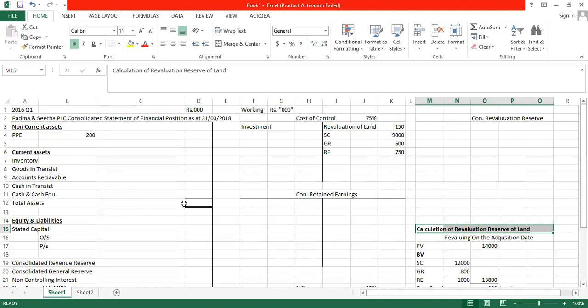But when you are preparing the total company column, you have to adjust for what? If they did an intercompany transaction, what do we adjust? Unrealized profit, because it's one group. No separate companies now, right?